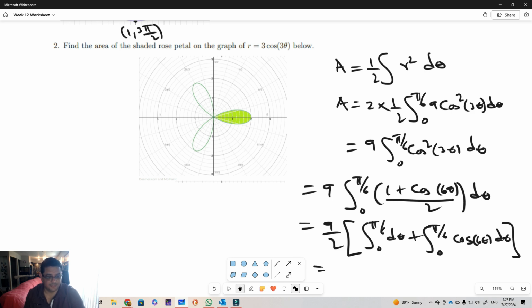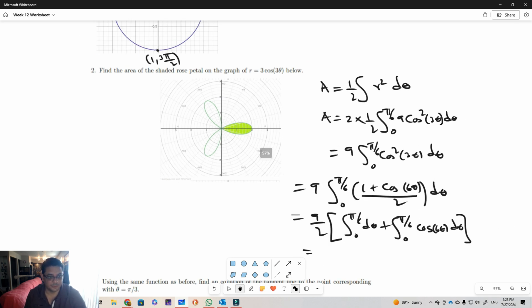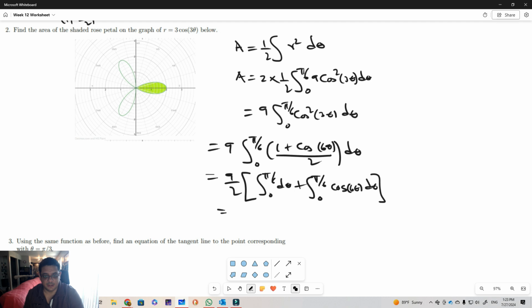Now this is nine halves, and this first part is just going to give me pi over 6, and then this part, of course, is the integral of cosine, which is sine, so this is going to be 1 over 6 sine of 6 theta, and this is going to go between 0 and pi over 6.